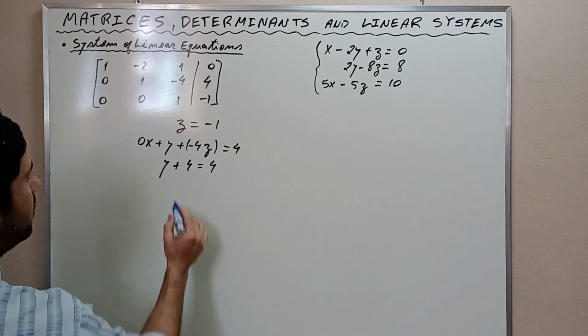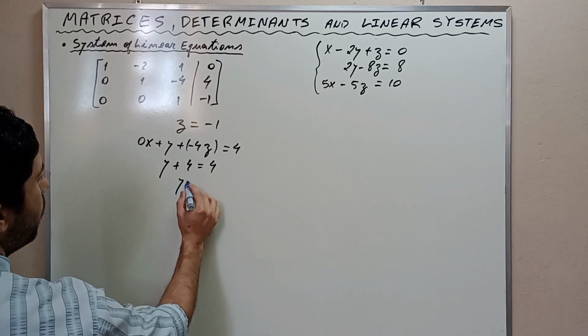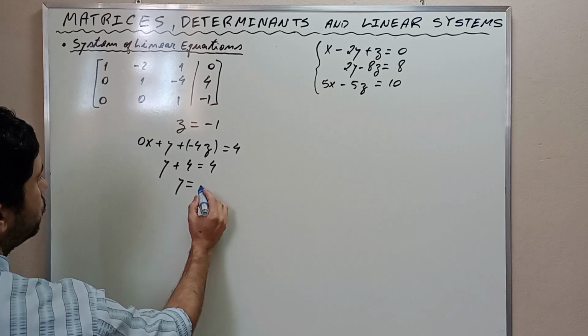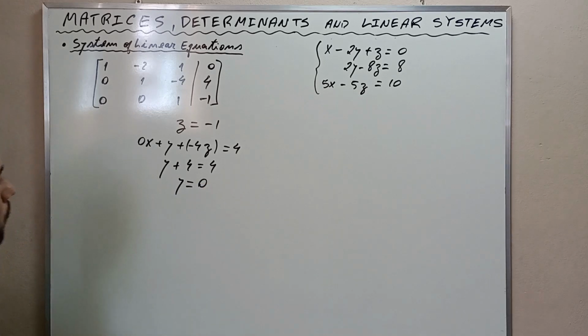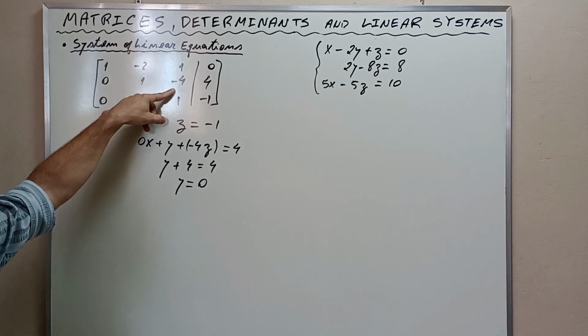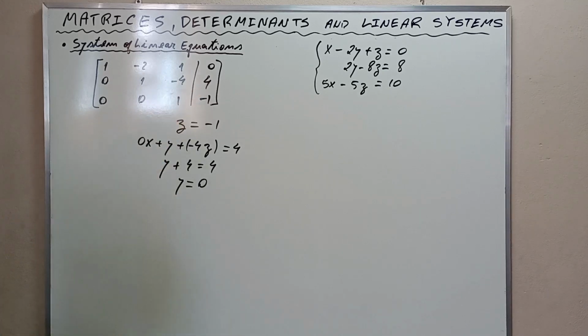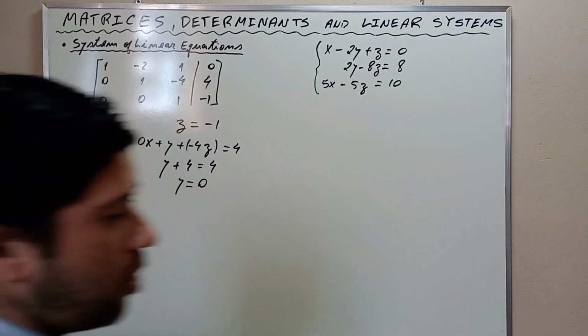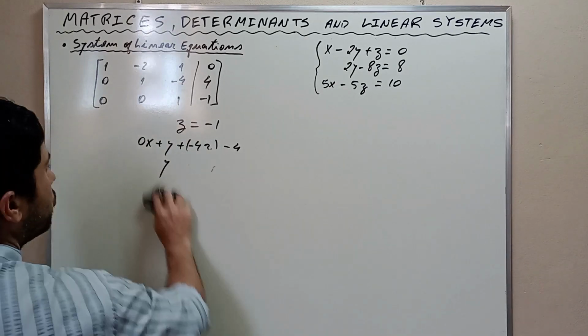We know then that y is equal to 0, okay? 0 plus negative 4 times negative 1 is equal to 4. Then we know that y is equal to 0.